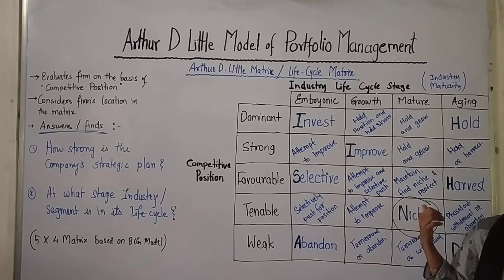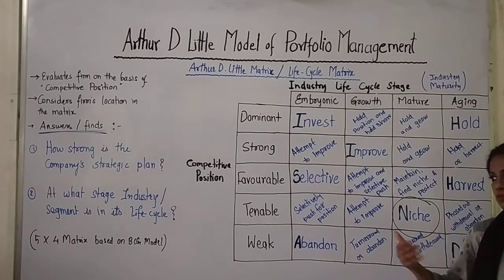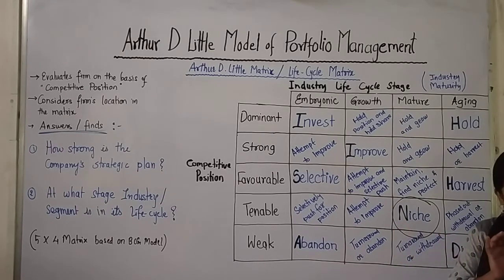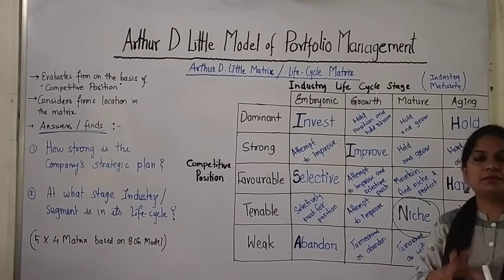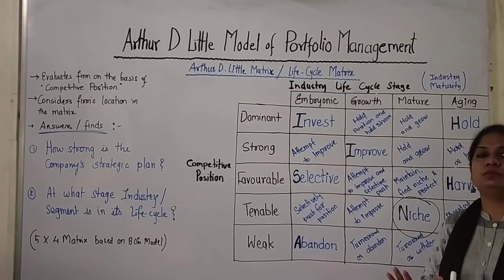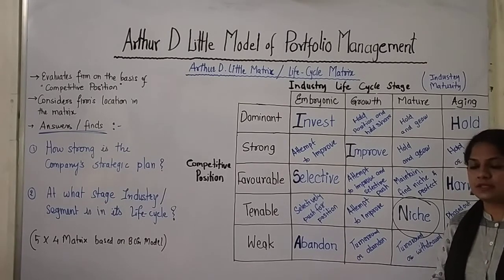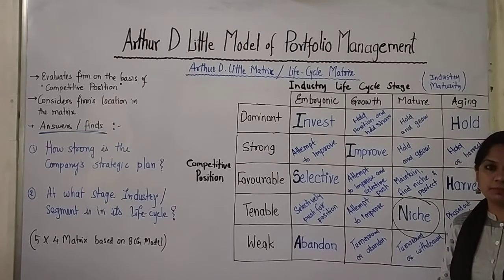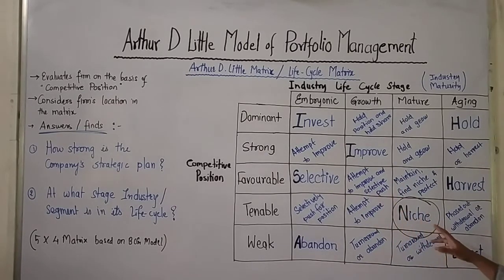That means the industry is there, you still have the scope, but your position is tenable. Then be in a protective or defensive mode, select some niche and only cater to that niche. This is the strategic plan suggested by Arthur Little in this combination.